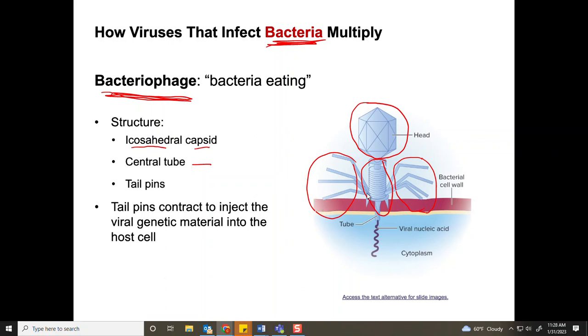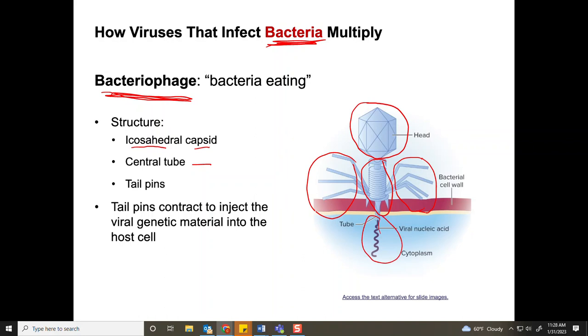It lands on the bacteria cell, and the pins will connect to the bacteria cell, and they'll contract, and that will cause this bacteriophage to essentially inject its genetic material into the cell. So it's almost like a needle, like it injects it into the cell.